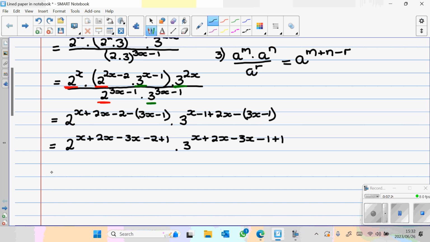And this gives me 2 to the power of minus 1 times 3 to the power of 0. And I know a negative, it means it's in the wrong place, and a 0 means it is 1. So I have 1 over 2. And that is my final answer for this sum.